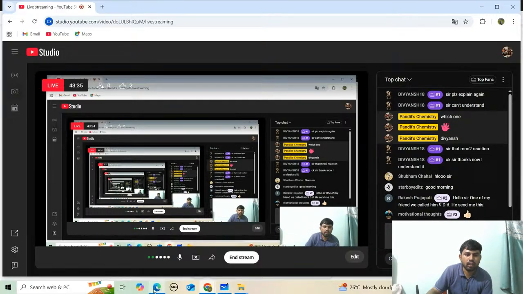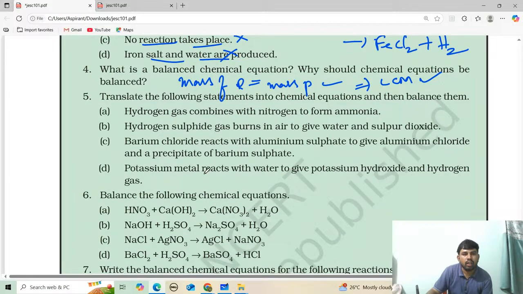Now see, some other questions are there. Barium chloride reacts with aluminum sulfate and gives aluminum chloride and precipitate barium sulfate. Barium chloride formula is BaCl2.